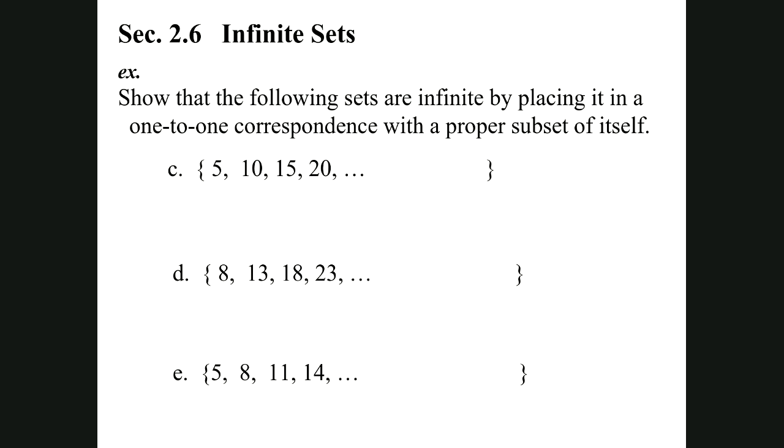We see the first term is 5, the second term is 10, the third term is 15, the fourth term is 20, and the fifth term is going to be 25. We keep adding 5.